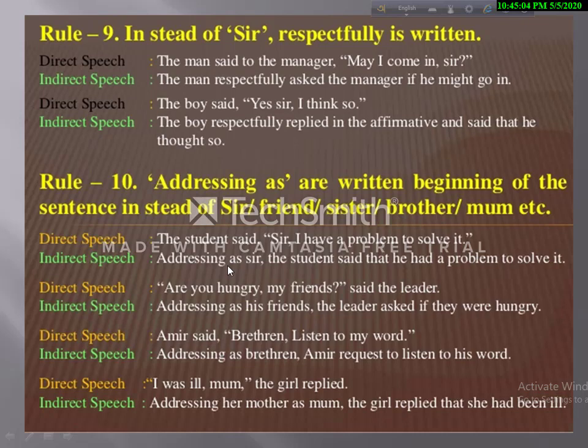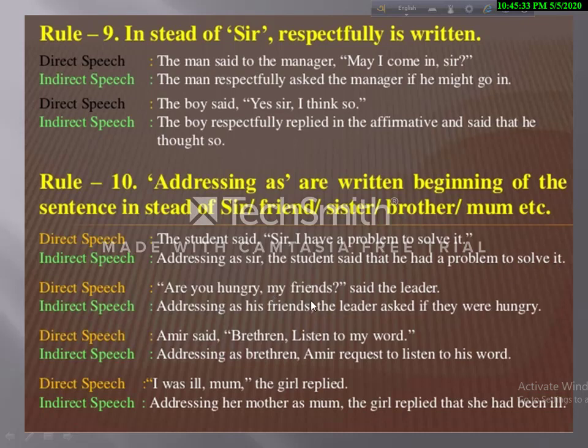You can write addressing as sir, or at the same time, you can write the student said respectfully or told the teacher respectfully. In this way, you can write respectfully said that, the teacher respectfully said that. So there are lots of ways to write them. You should not be fixed. Okay. Addressing as sir, the student said that he had a problem to solve it.